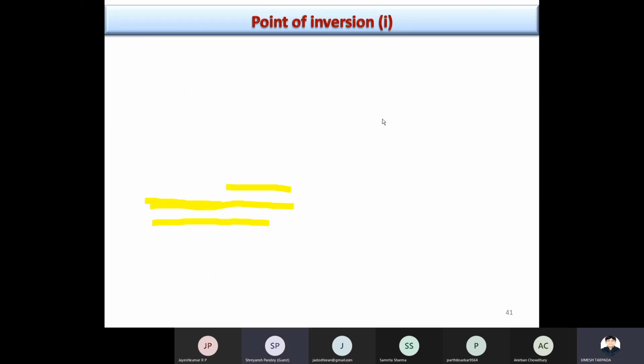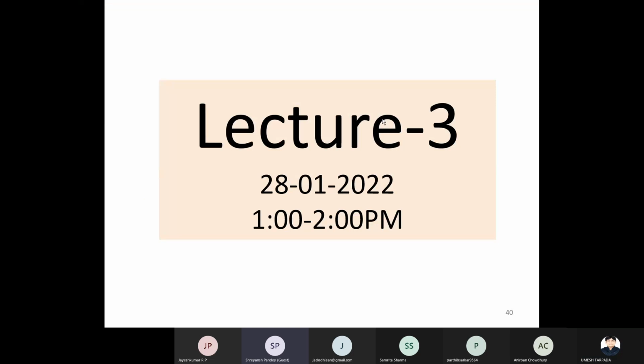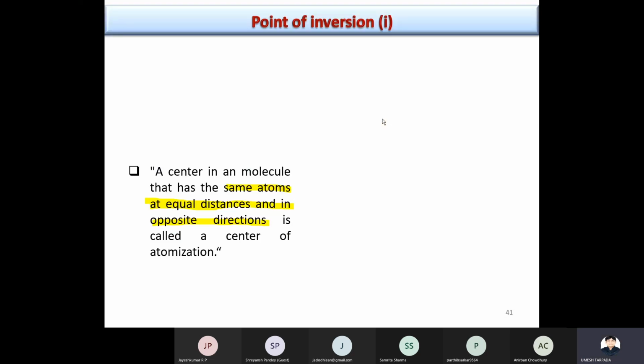First one is the plane of symmetry, the three types we have discussed, sir: horizontal, vertical, and diagonal, and few examples also we have covered. Yes, and also we have completed proper rotation axis. We have already completed identity E. So these are the symmetry elements we have already completed.